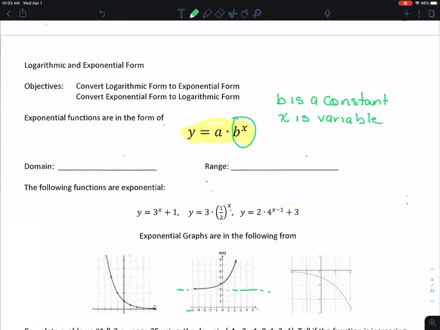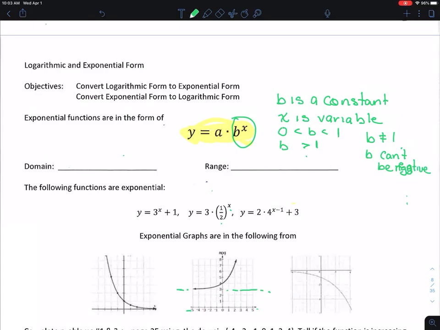So what we're saying is that anytime we have a constant raised to a variable, well, I should say that, there are some restrictions on b. b has to be between 0 and 1, or b can be greater than 1. b cannot equal 1, and b can't be negative. So when we have an expression in this form, it's exponential.